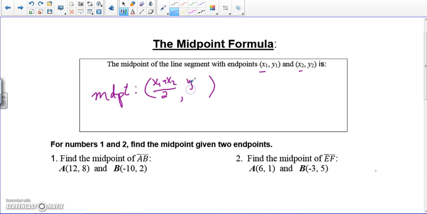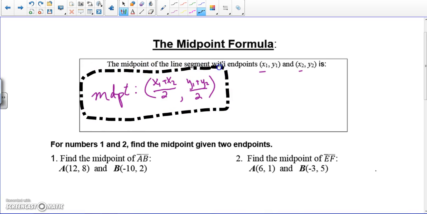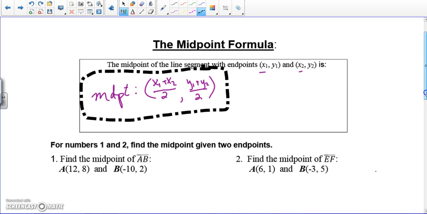And the y-coordinate of the midpoint is y1 plus y2 over 2. And that's it. Where the distance formula has minus signs, the midpoint is always plus. x1 plus x2 over 2, y1 plus y2 over 2.